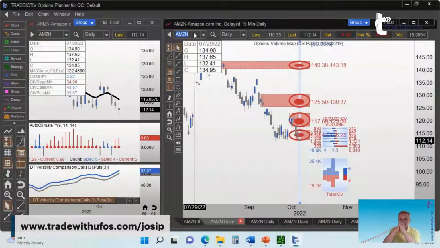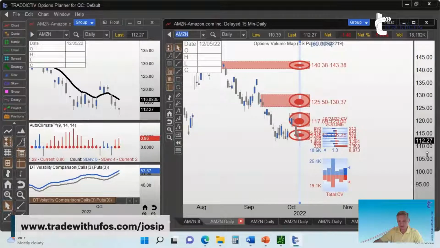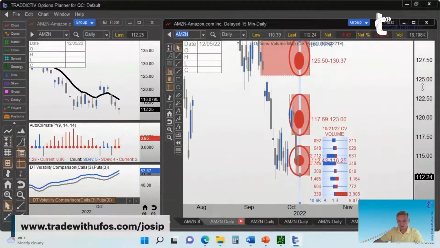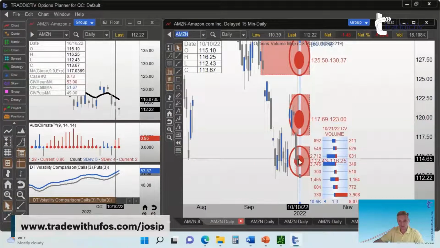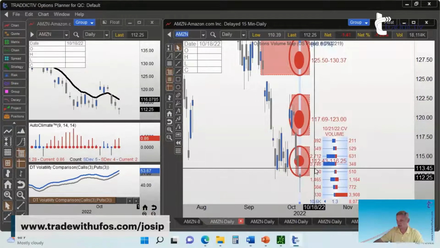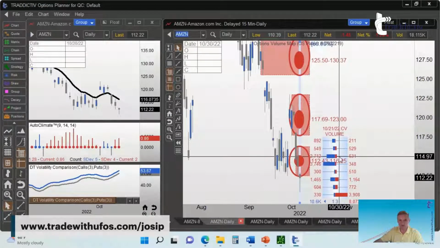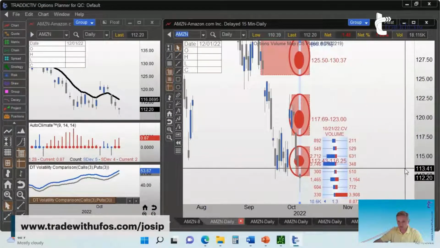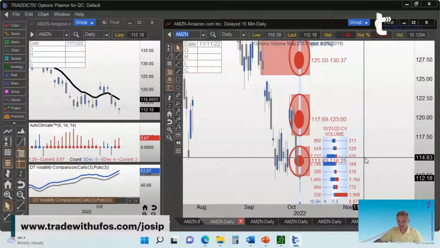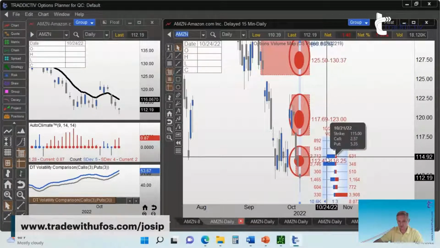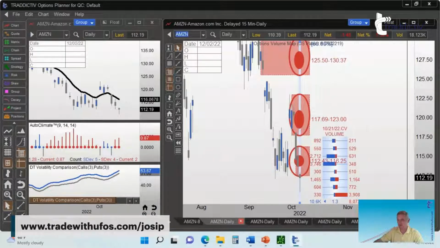I'm approaching it in the same way. I'm looking here at this red UFO, and I'm seeing this huge activity on Amazon, and it is actually at the 115. So I like 115 as a possible bear call spread.